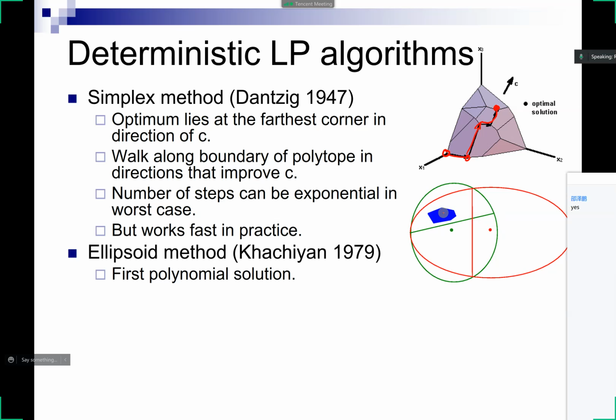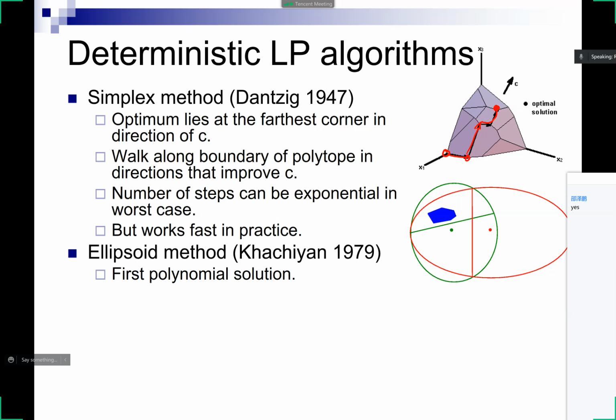As soon as you can find a point in this feasible region, it's actually equivalent to finding the optimum, because you can use it as a subroutine, with some transformations, to find the optimum. So the goal is just to find any point in the feasible region.